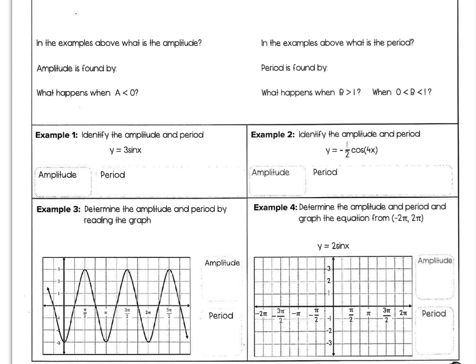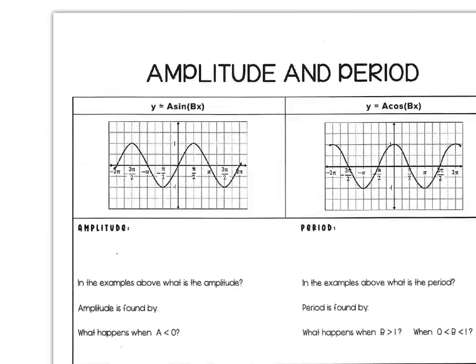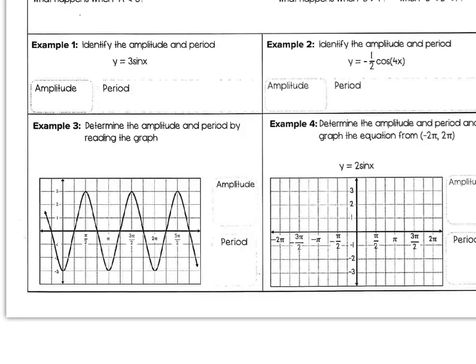So if we look at y equals 3 times the sine of x, the first thing we see is, remember, our parent function is just y equals a times, b times, x minus c, plus d.